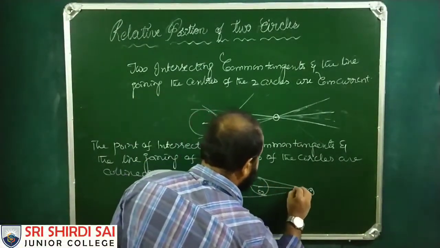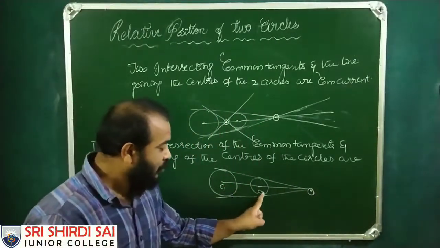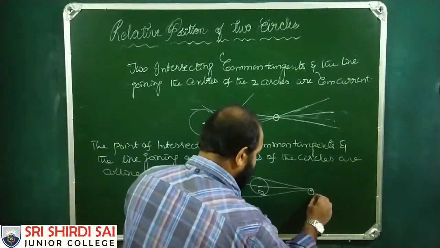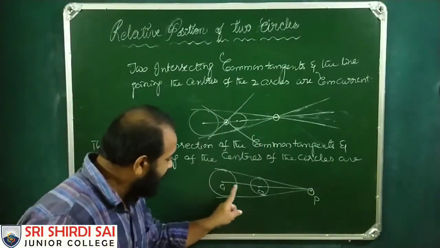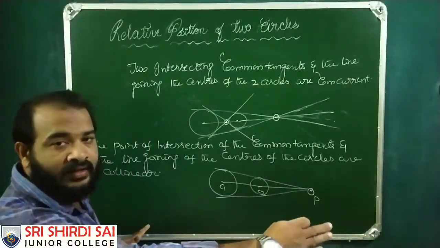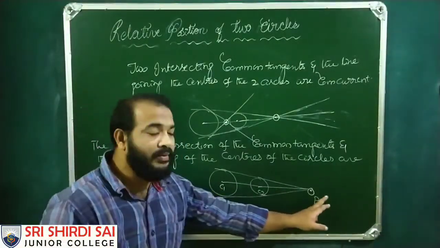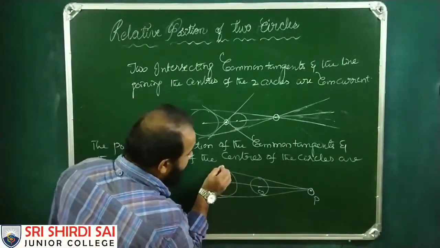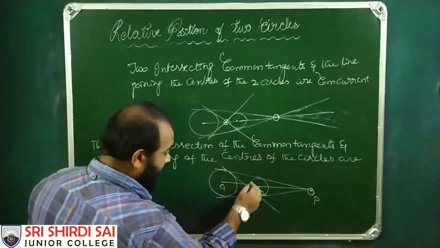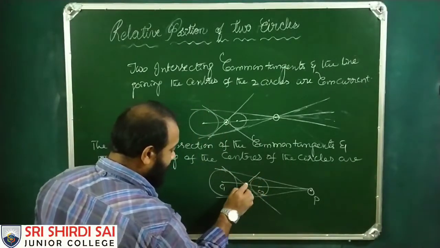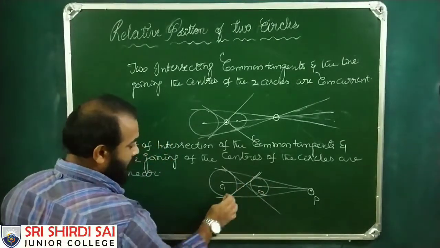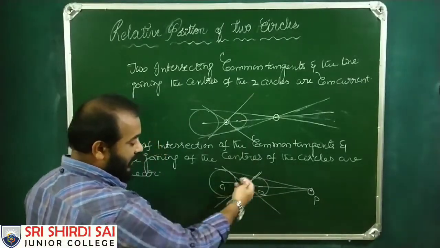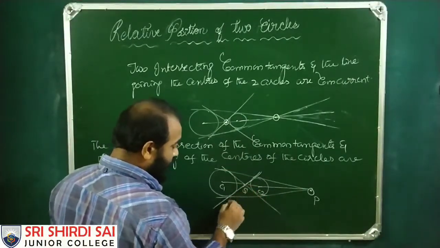If I extend this C1, C2, and the point of intersection of the direct common tangents, let us suppose this to be P, then C1, C2, P are all lying on the same line. That is why they are said to be collinear points. Not only that, if I take a transverse common tangent, and another transverse common tangent like this, let us take the point of intersection to be Q. What is Q?